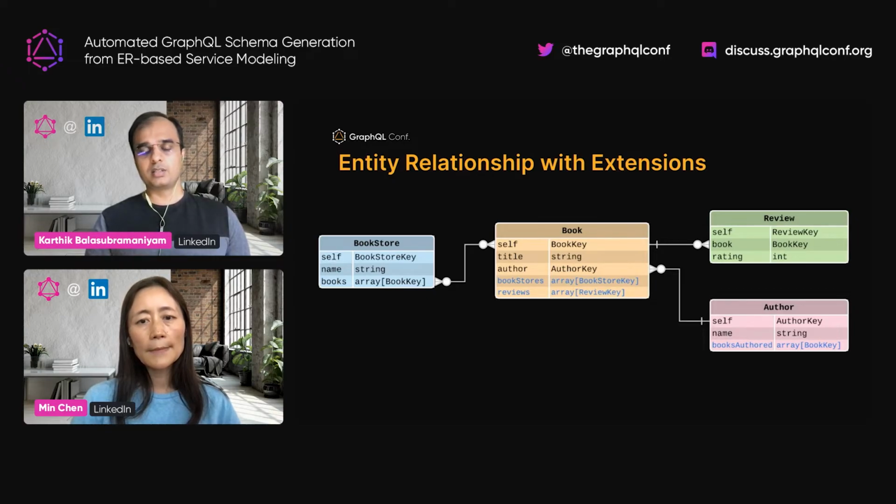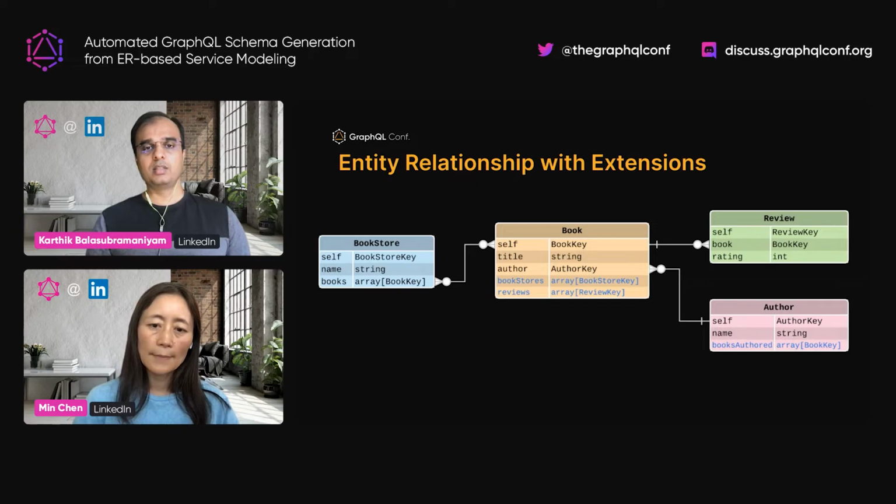All references are still using the key types, and with the additional information that all of the keys can have the metadata that the infrastructure can use to go and resolve the entity that it represents. Something to note here is that we added the extension relationships on the entity that was the source of the relation. For example, the collection of reviews for a book is added in the book entity, not on the reviews entity.